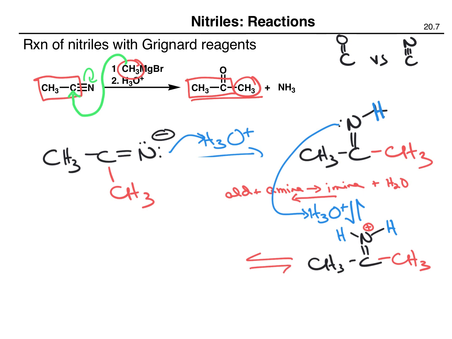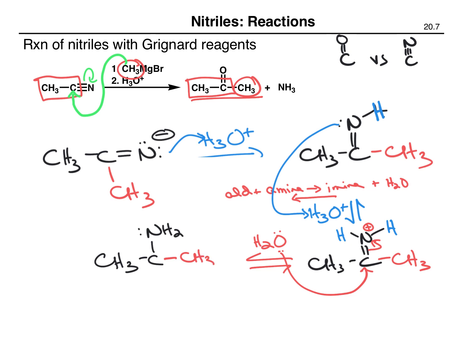Water can add here, pushing these electrons here. This gives H3C single bond N, H2 and a lone pair. And this is the CH3 that came from the Grignard, and this is from water.